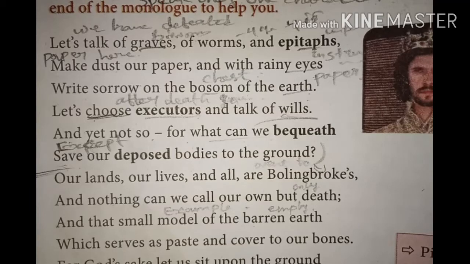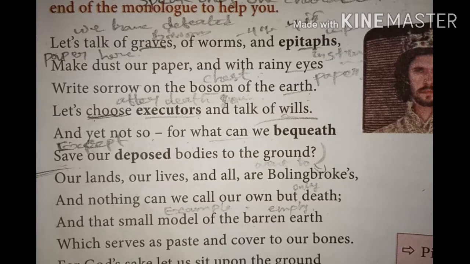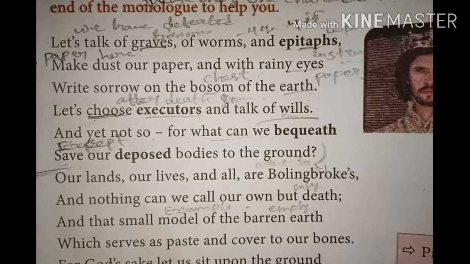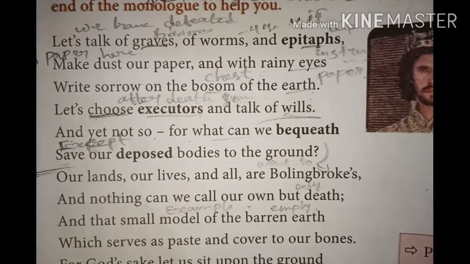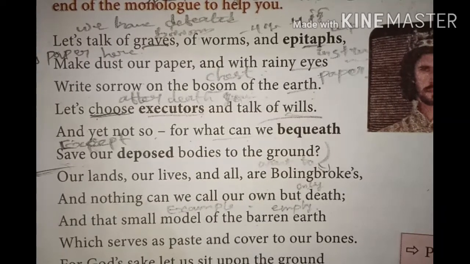Now the author gives a suggestion, advice to the soldiers: we have been defeated, so we want to show our sadness. Now we want to talk about the graves. Graves are the places where human beings are buried.